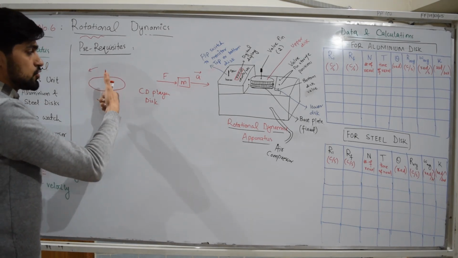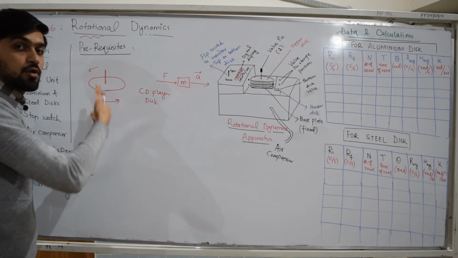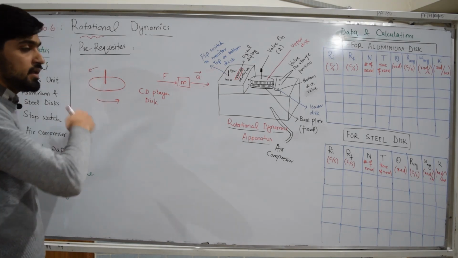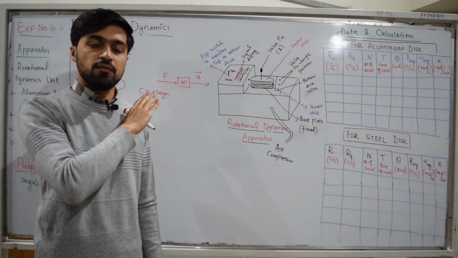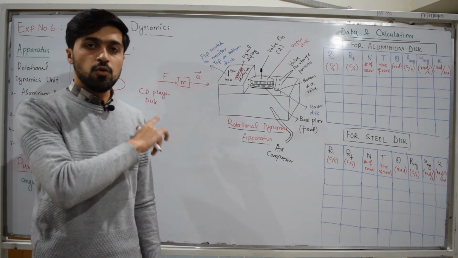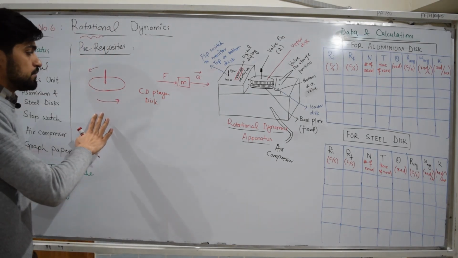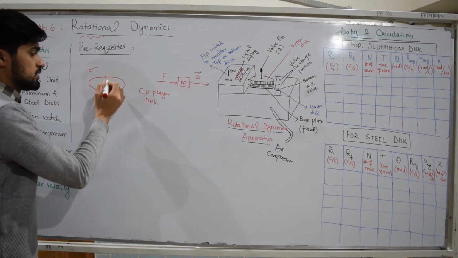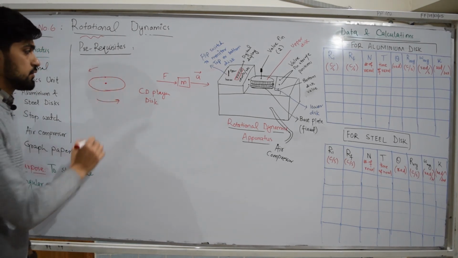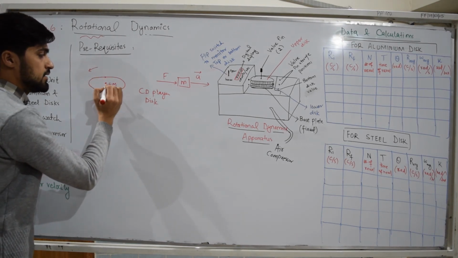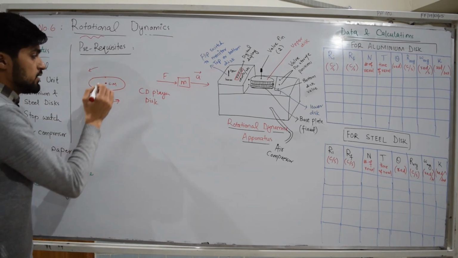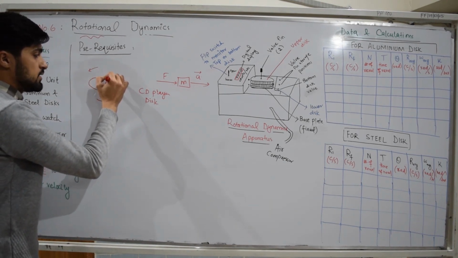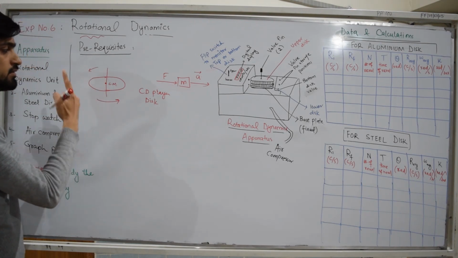It has some velocity, and since the disk is rotating, we call this velocity the angular velocity. If this is the center of mass of the disk, the center of mass will be right in the middle of the disk, and the disk is rotating about this fixed axis.